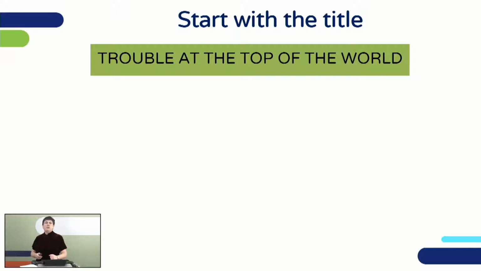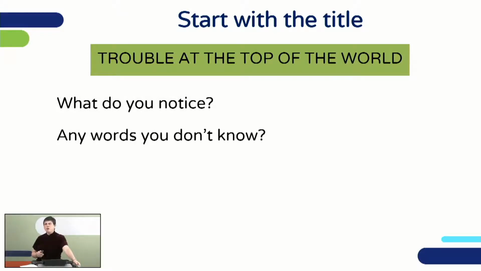When we read an unseen, we start with the title, Trouble at the Top of the World. What do you notice about the title? Are there any words you don't know? Did you notice that all the words here are in capital letters? So in a title, it's hard to know if the words are names or words, and so we don't want to run to the dictionary in the title.